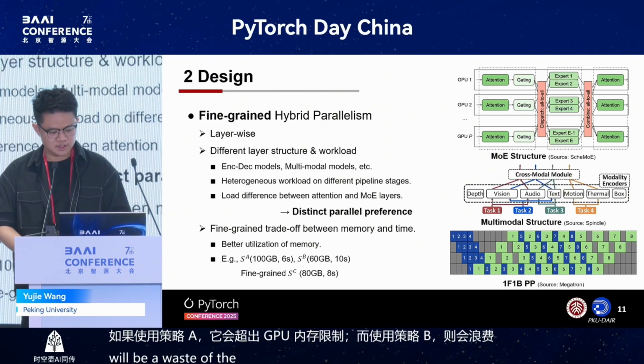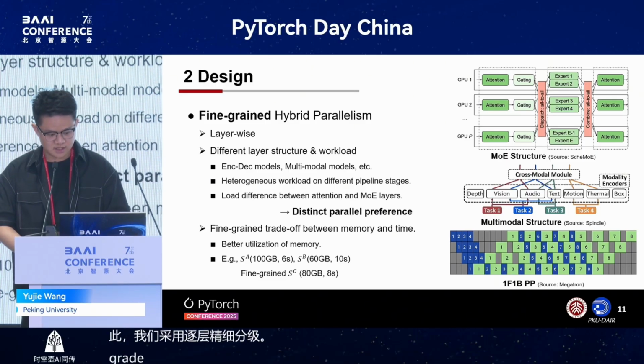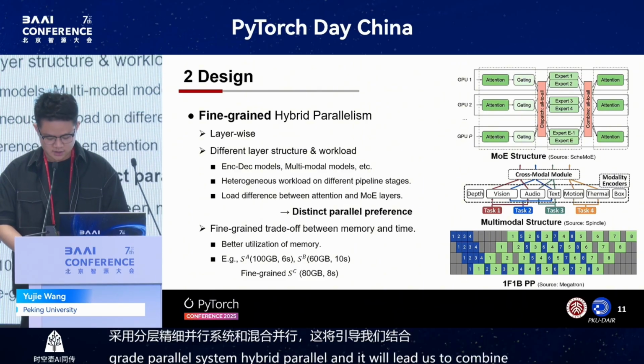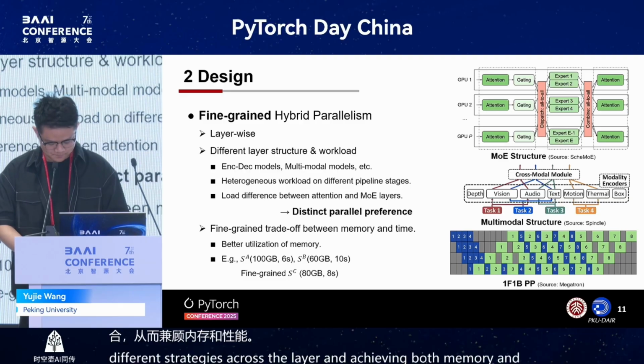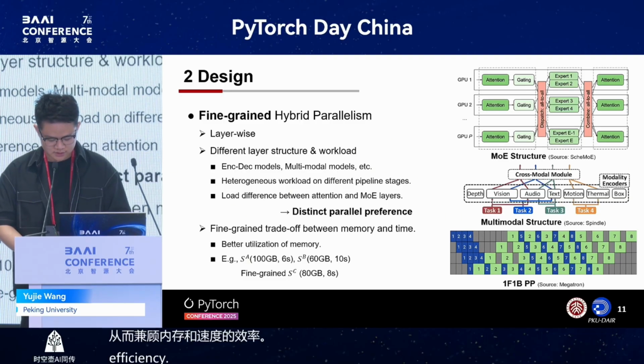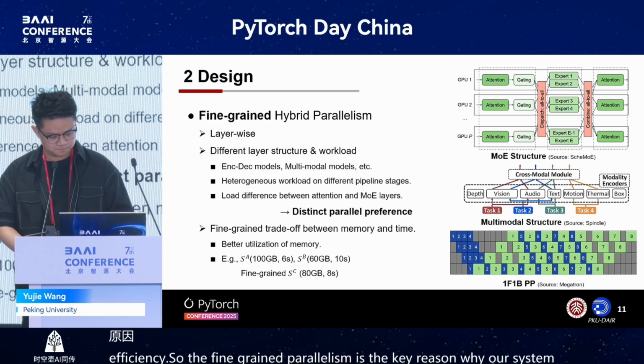So in Galvatron, we have the layer-wise fine-grained hybrid parallel system, and it lets us combine these two different strategies across the layers and achieve both memory and speed efficiency. The fine-grained parallelism is the key reason why our system often outperforms existing systems.